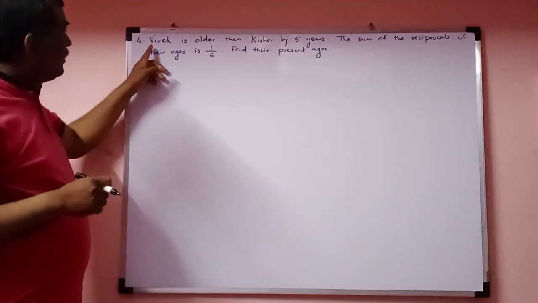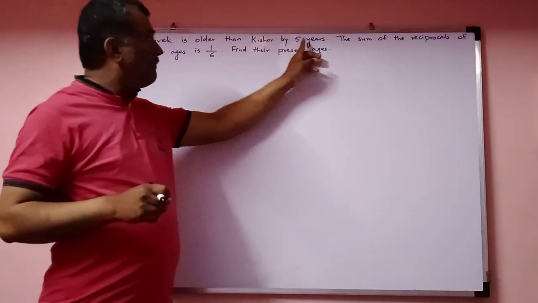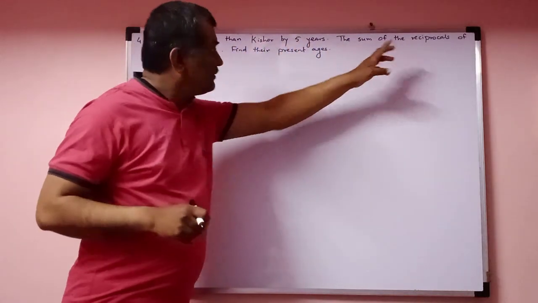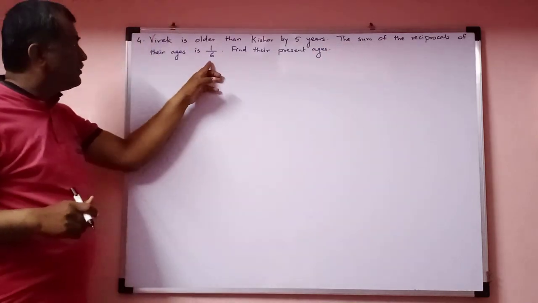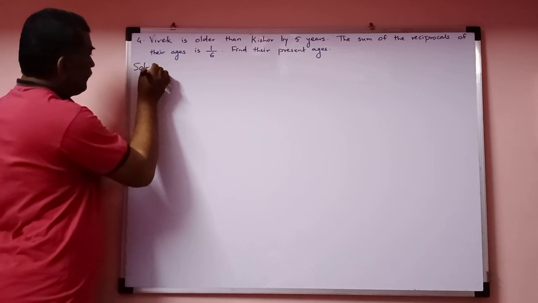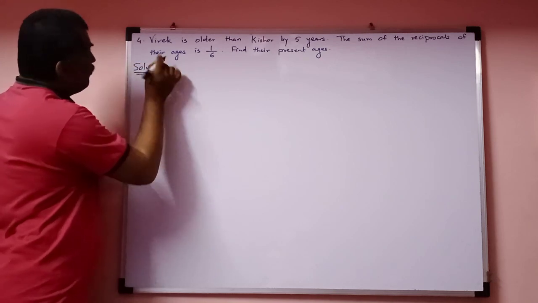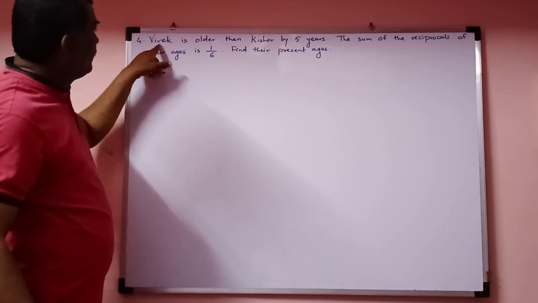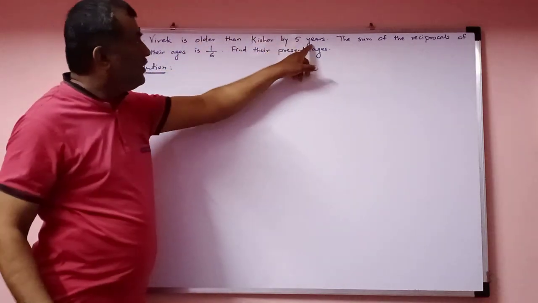Fourth example, Vivek is older than Kishore by 5 years. The sum of the reciprocals of their ages is 1/6. Find their present ages. Solution. Vivek is older by 5 years.